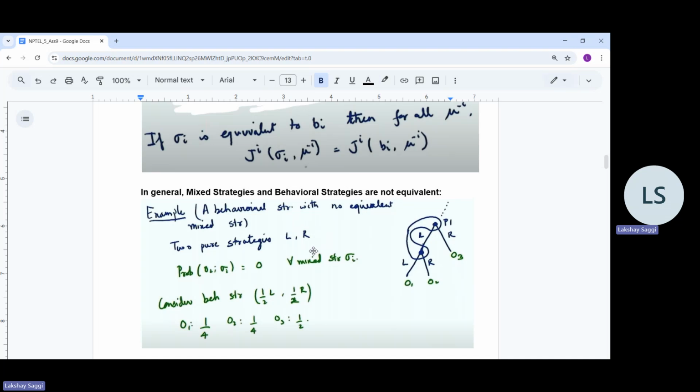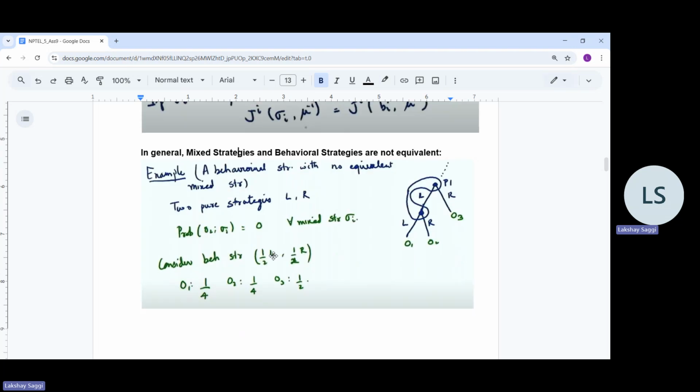But note that in either of these two strategies, whether we choose L or R, P1 won't reach O2, as we have already discussed. So for any mixed strategy, P1 will not be able to reach O2. The game will never end at O2. That's why the probability of reaching O2 under any mixed strategy is 0.